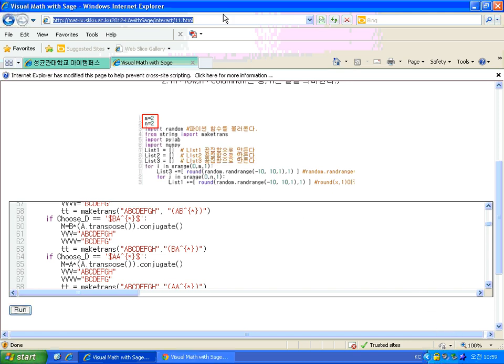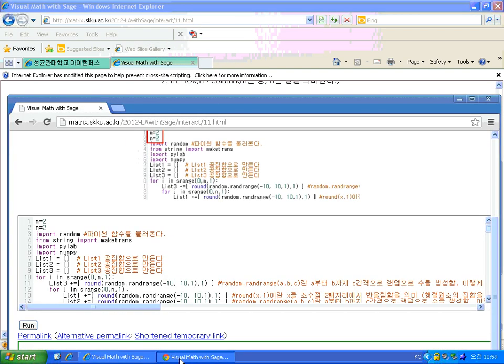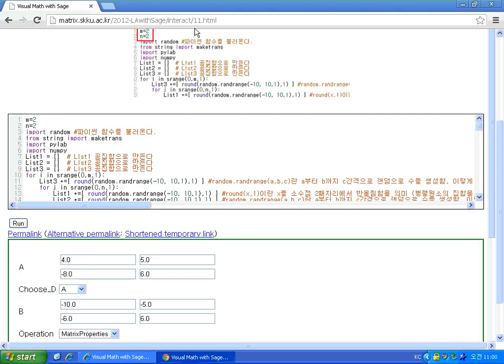Okay, so when you face such a problem that you encountered when you use Internet Explorer, then you had better use Firefox or Chrome. If you use this web address, make a copy, go to Chrome, and paste it, then you will see the same page like this.